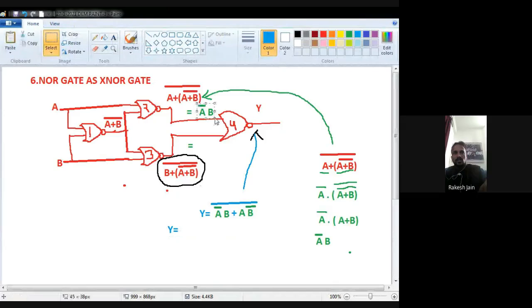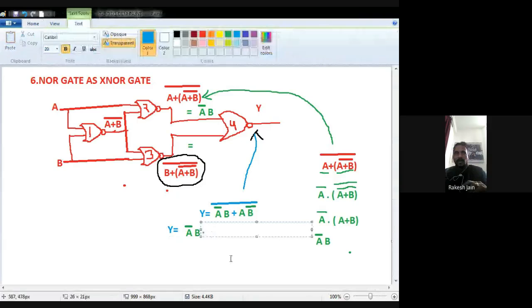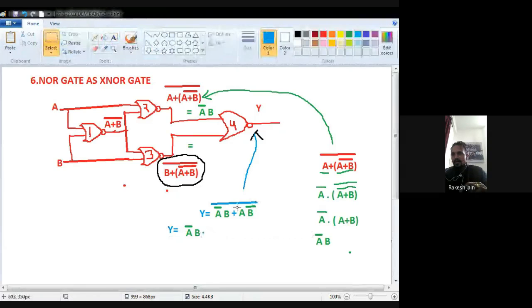Now we will realize it, we will simplify it. So see, y is equal to, two things are there, one is A bar B and one is A B bar. So first of all, write down separately, the plus in between them will be converted into a dot with the help of De Morgan theorem, and both those two things having individual bar.